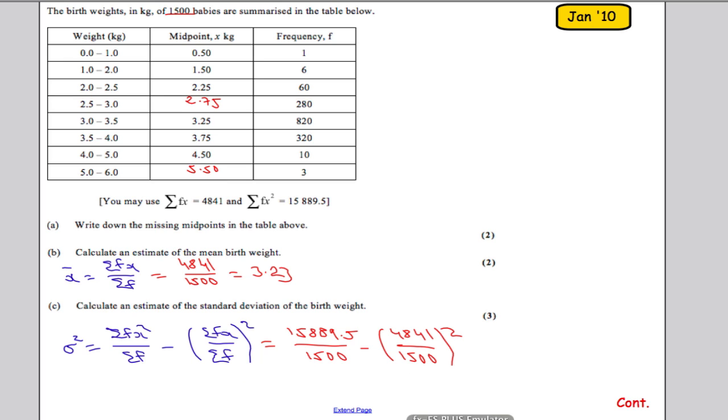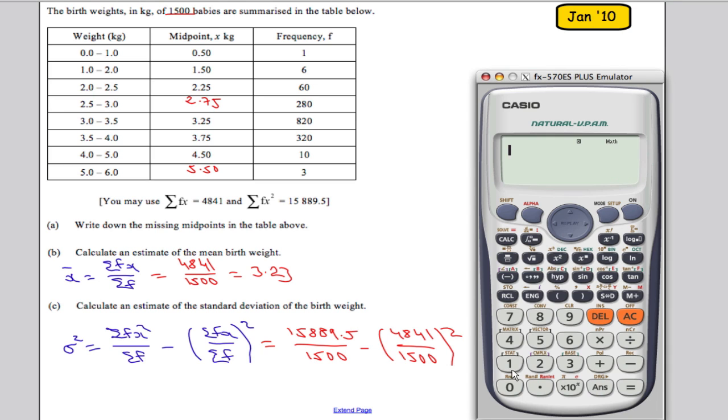Right, so let's take our calculator out. So I'm going to do 15889.5 over 1500 minus 4841 over 1500, closing the brackets, squaring that value, and that gives me 0.1773, etc. And then if we take the square root of my answer, we get 0.421.